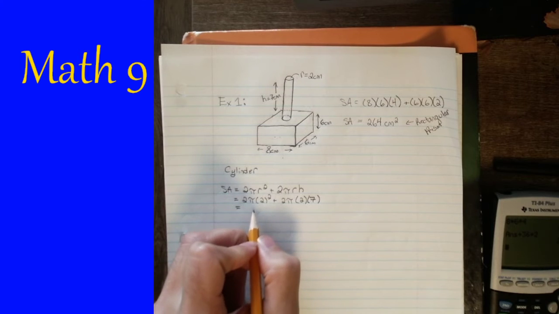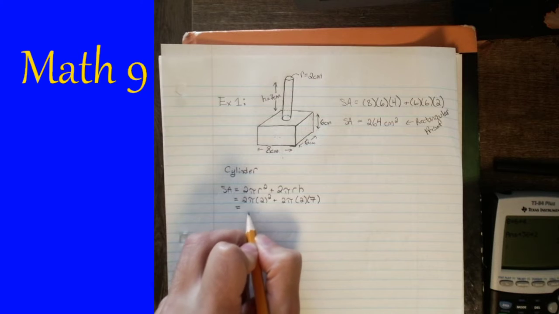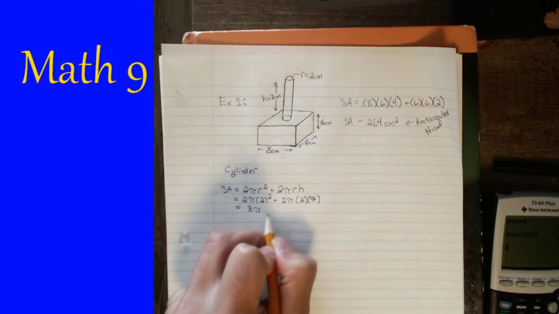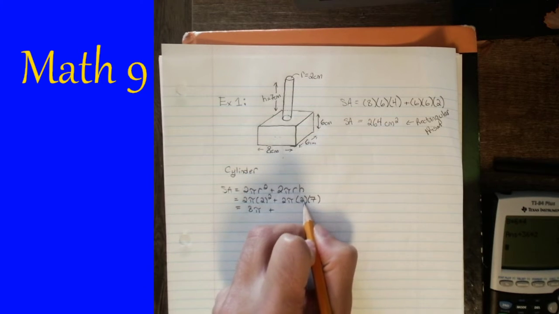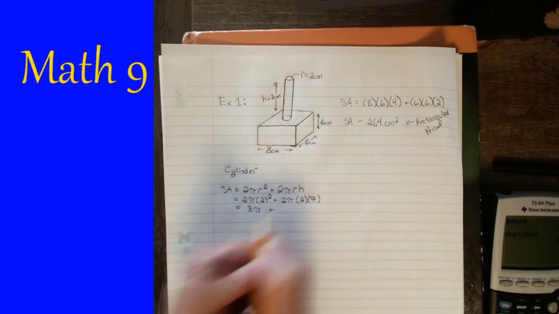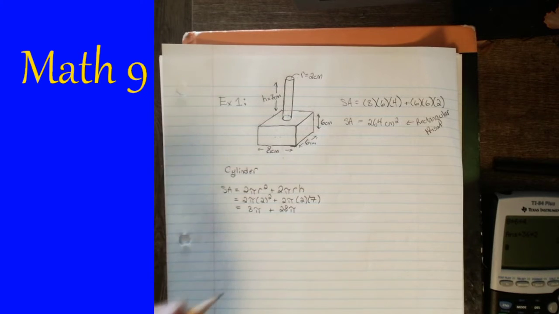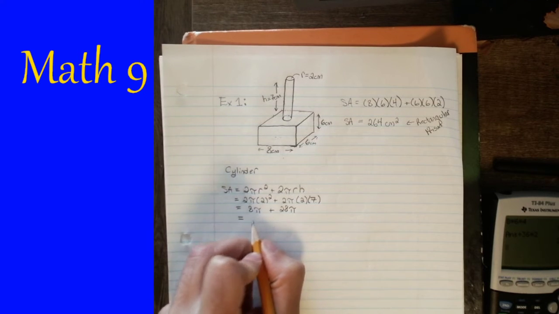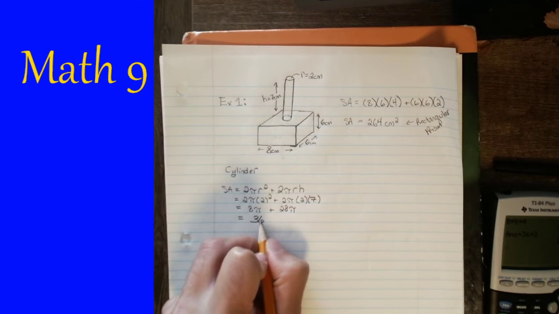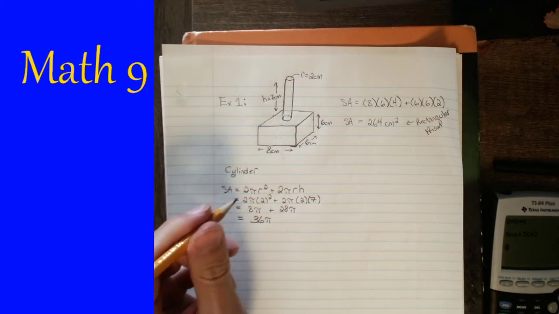So we have 2 squared is 4, times 2 is 8, so we have 8 times pi plus 2 times 7 is 14, 14 times 2 is 28, so you have plus 28 pi. Altogether, this is 36 pi. So that's the cylinder altogether.